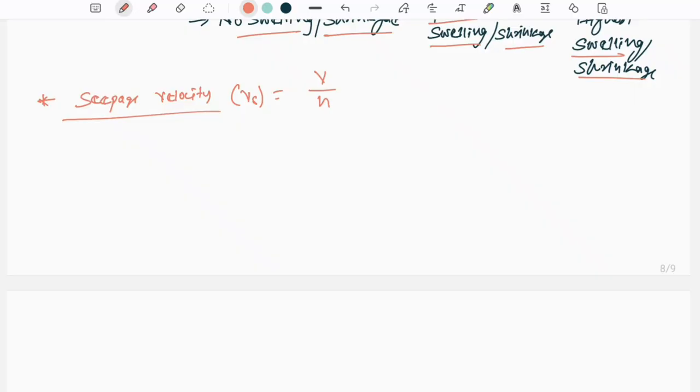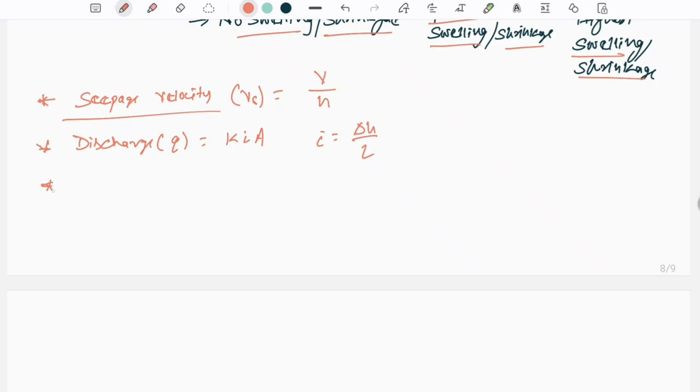Similarly, the seepage discharge, that is Q, can be obtained. Q is equal to K into I into A, where K is the permeability, I is the hydraulic gradient, that is I is equal to del H upon L, and A is the area of percolation.